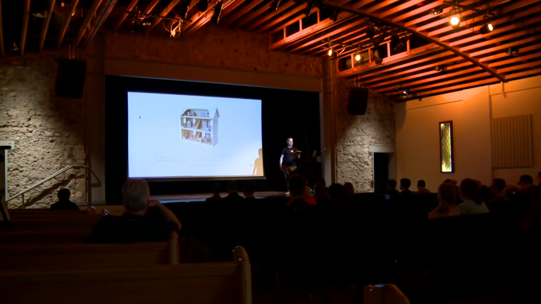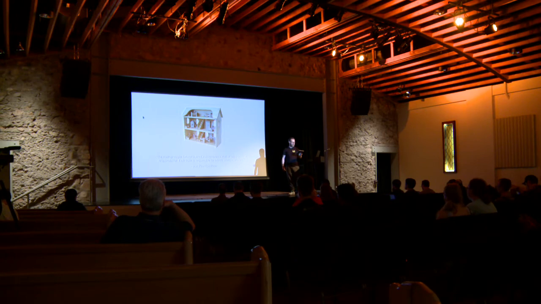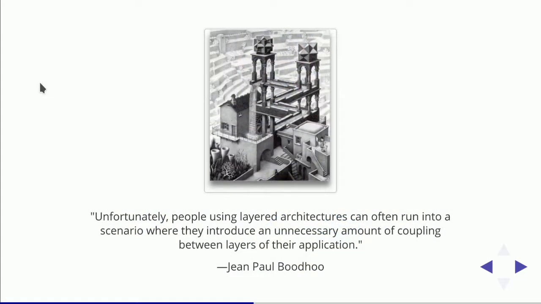In software development, a layered architecture can be stacked infinitely, but in its simplest form, it consists of a persistence layer with business and presentation layers built on top of it. Unfortunately, in practice, layered architectures often end up like this Escher painting. This is due to the fact that the theoretically clearly defined layers of such an architecture can easily get mixed up.